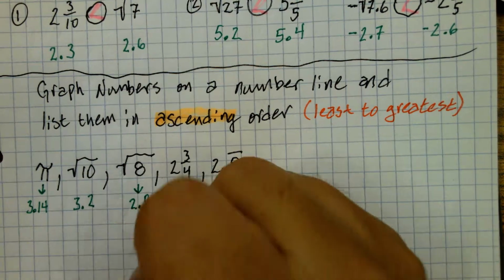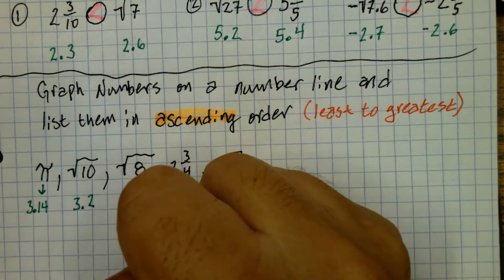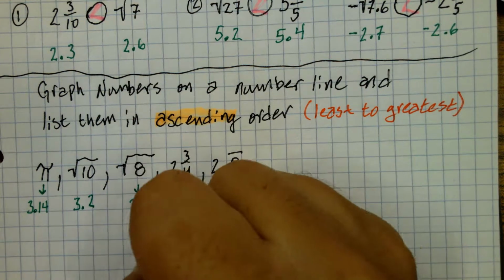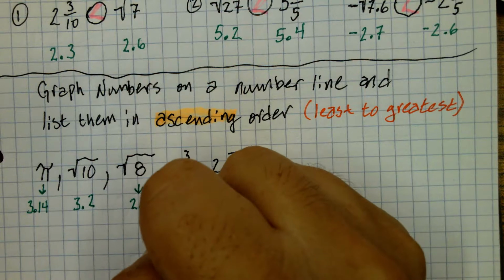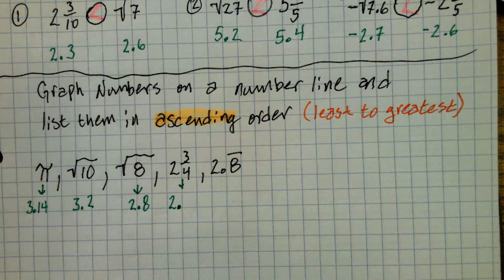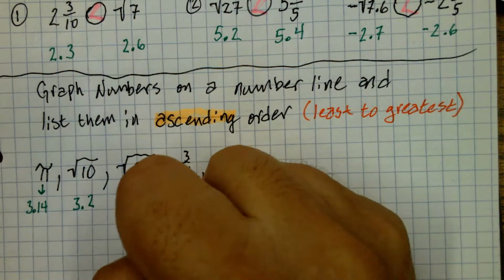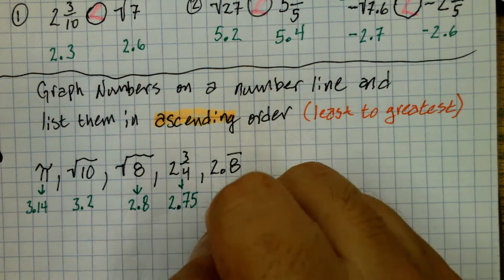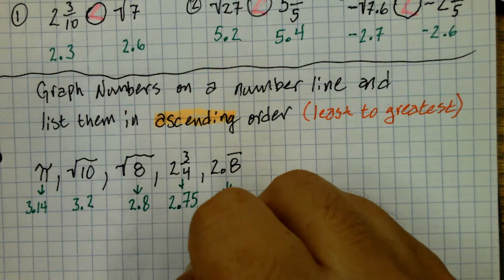What's 3 divided by 4? 0.75. Yeah. It doesn't hurt to check it. There's a big difference between 2.25 and 2.75. Okay, the last one obviously is just already there.